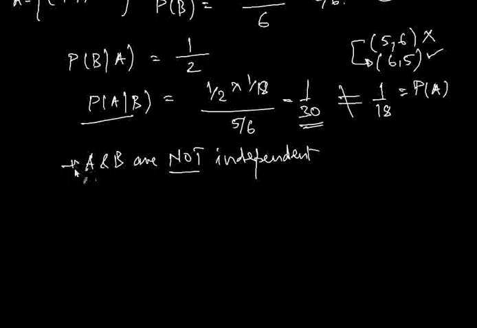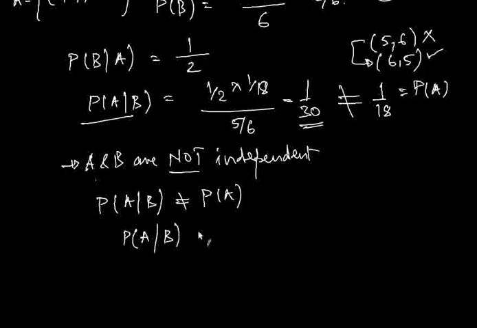But notice one other thing. It's not just that probability of A given B is not equal to probability of A. Notice that probability of A happening given that B has already happened is actually less than the probability of A happening, right? So the fact that B has happened, and B was that the first roll of dice is not equal to 5.